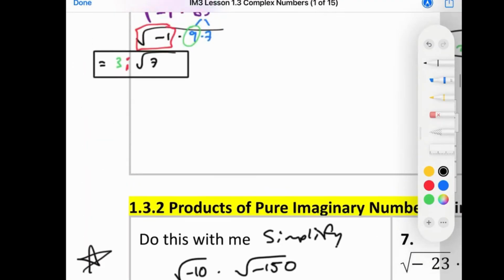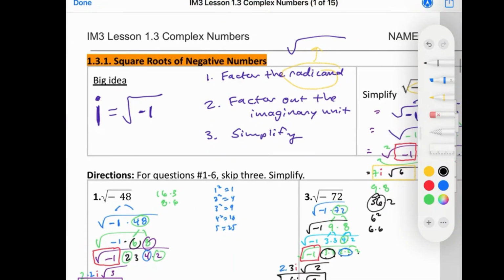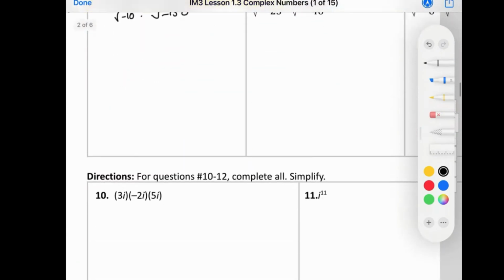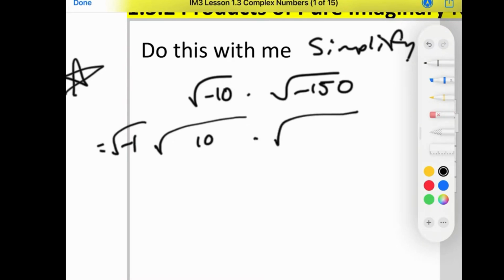Okay, we're going to do the same thing we did above, and we're just going to factor out the radicand, or what's inside the radical, and then factor out the imaginary unit, which is i. So, square root of 10, square root of -1, square root of -1, and square root of 150.